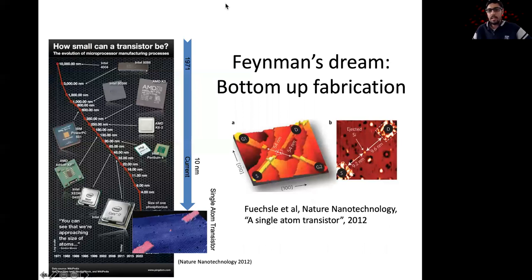So I just want to highlight this Feynman's dream in 1960s, 70s, which he envisioned that you can have a single atom transistor. And that was done actually in 2012 in this Nature Nanotechnology paper demonstrated by Australian researchers at UNSW, where they were actually able to make a transistor by a single atom. So this is kind of like ultimate scaling of your transistor.